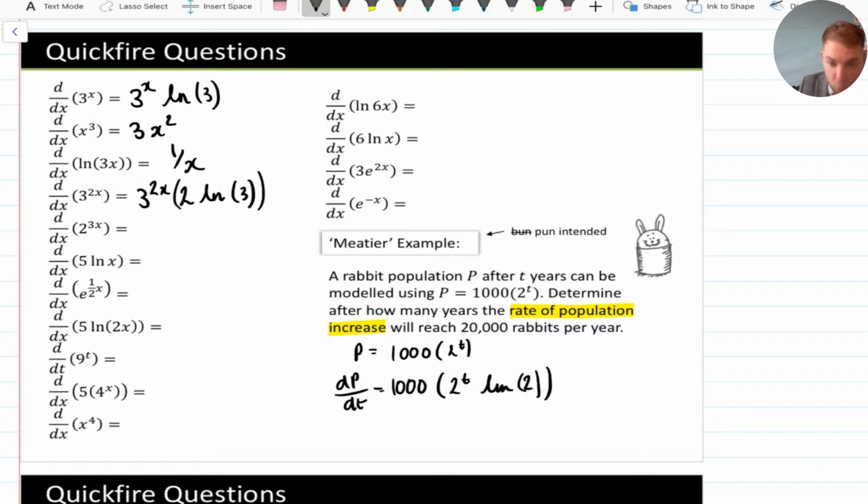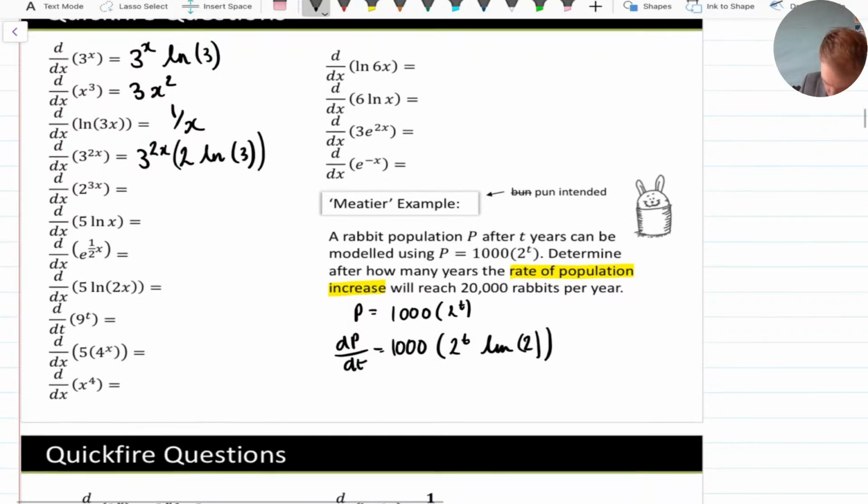And what we're saying here is, when is this equal to 20,000? So we're setting this equal to 20,000. So 20,000 is equal to 1,000 times 2 to the t times ln of 2.